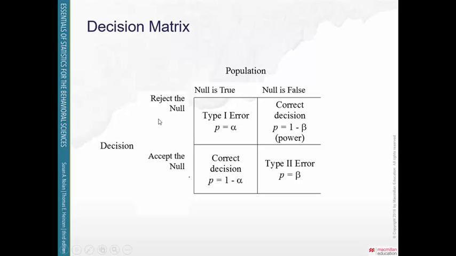If, based on our sample data, we accept the null, perhaps then there's no difference in the amount of books read by the 50 children who participated in my reading program and the 50 children who didn't. In that case, we accept the null. We say, you know what, this reading program doesn't work. There's no effect of this reading program on number of books read over the summer.